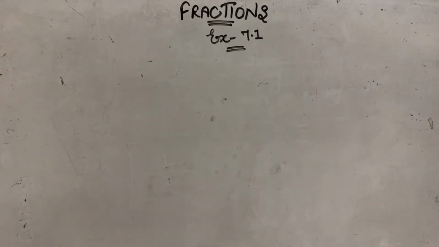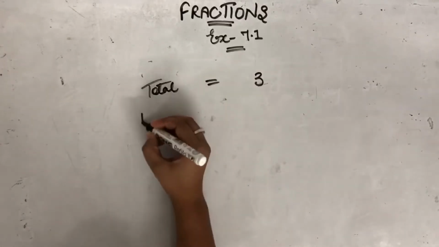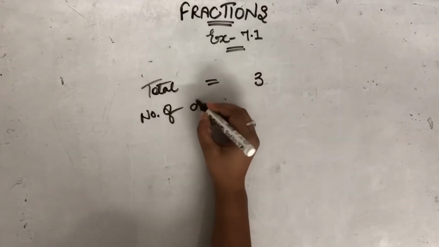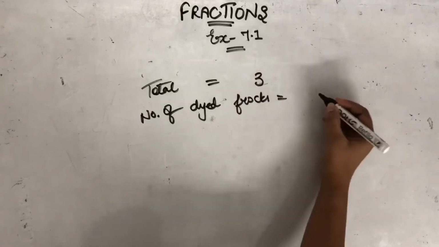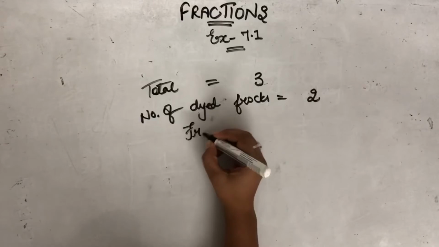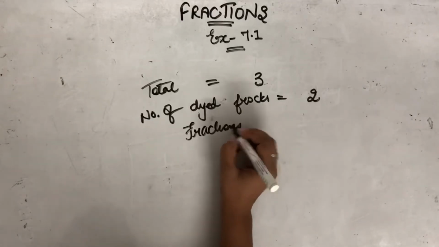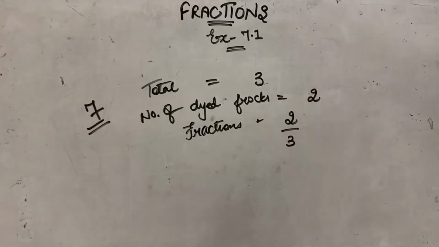So what fraction of Kanchan's frogs did her mother dye? So total number of frogs are 3. Number of dyed frogs are 2. So what fraction of the frogs were dyed? 2 upon 3.